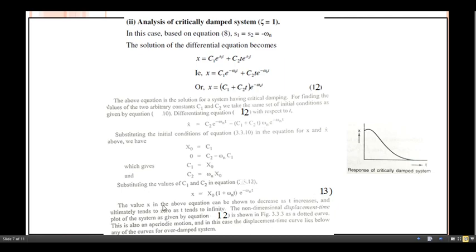The value of x in the above equation can be shown to decrease as t increases and ultimately tends to 0 as t tends to infinity. The non-dimensional displacement time plot of the system is as shown by this equation, as shown in this figure. This represents the critical damping, when the value of zeta is 1.